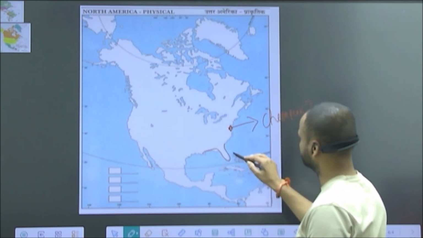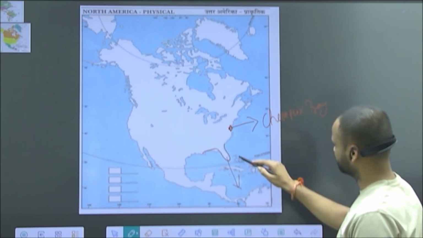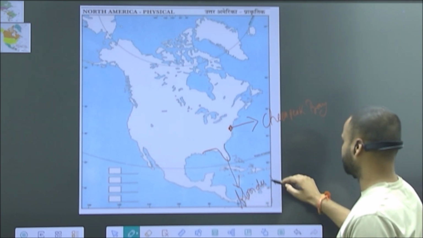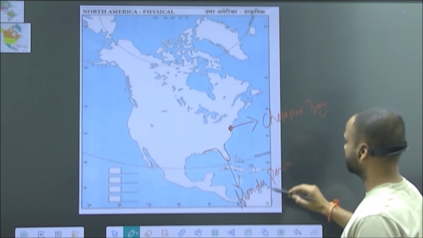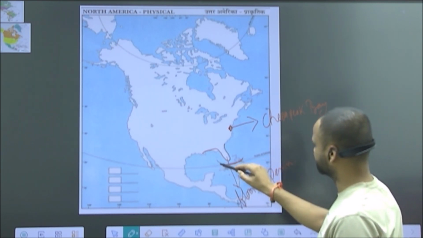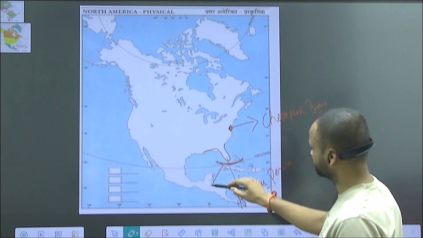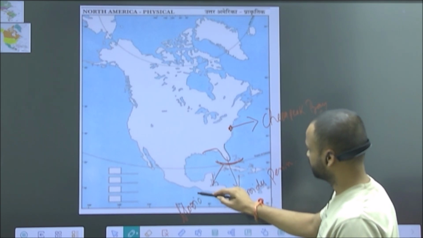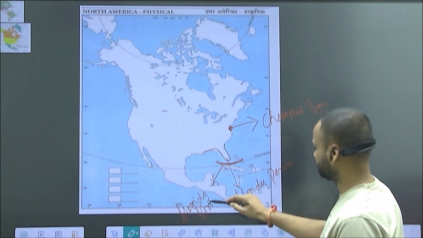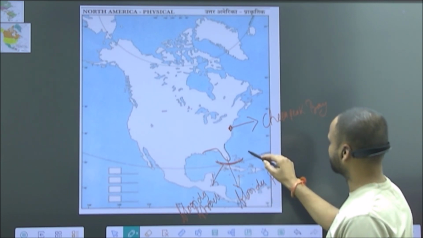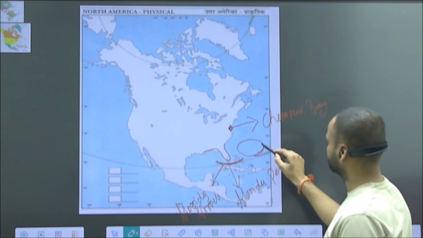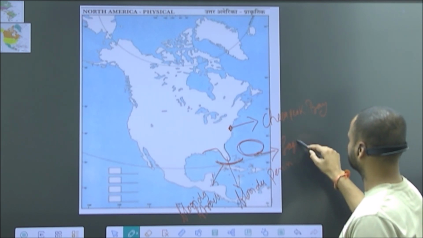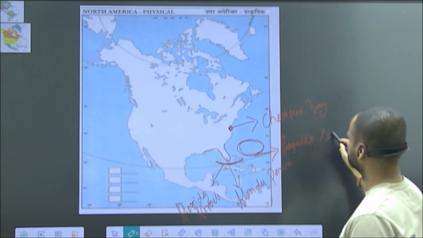This peninsula is called Florida Peninsula. Here one water strait is situated, which is called Florida Strait. Here is the Sargasso Sea.